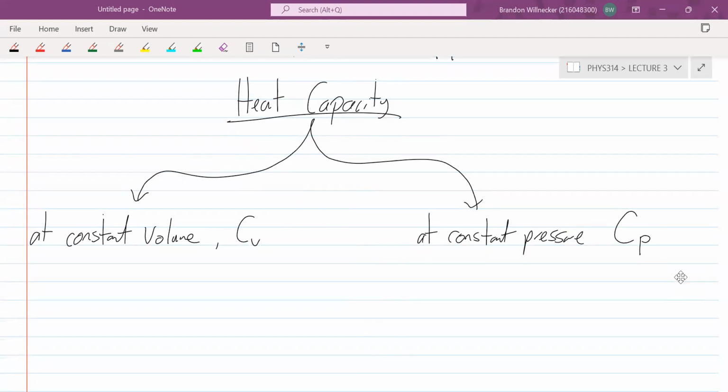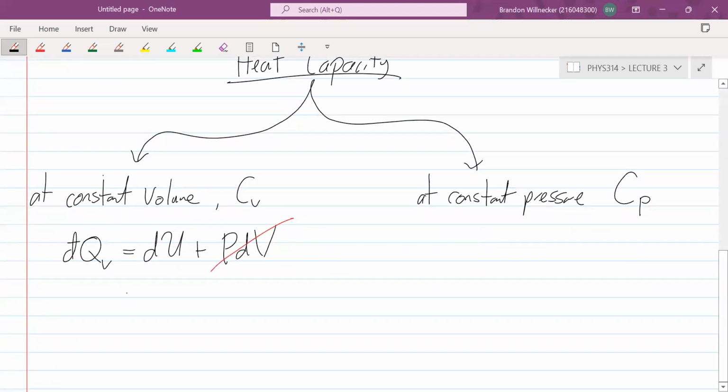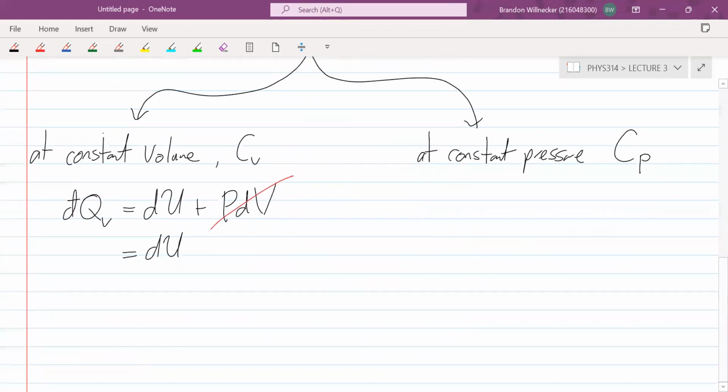Okay, so how do we find these two? So remember dQ at constant volume, this would be dU plus P dV. But constant volume means this dV term goes away. So we're left with just dU. So if we're trying to find the heat capacity at constant volume, that's dQ by dT.